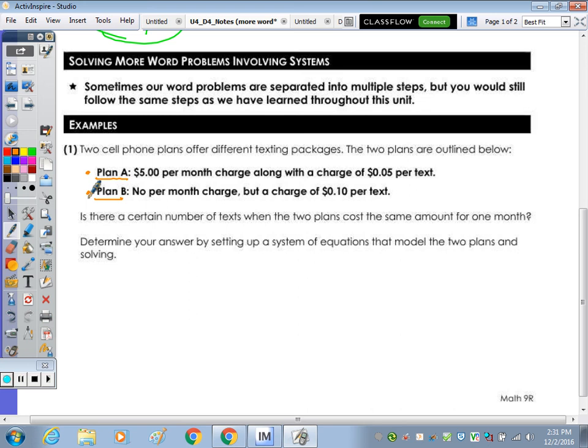Plan B has no per month charge, but it's going to charge you 10 cents per text. Is there a certain number of texts when the 2 plans cost the same amount for 1 month? Determine your answer by setting up a system of equations that model the 2 plans. So what are the variables? Take a minute with the person next to you to come up with your 2 let statements.